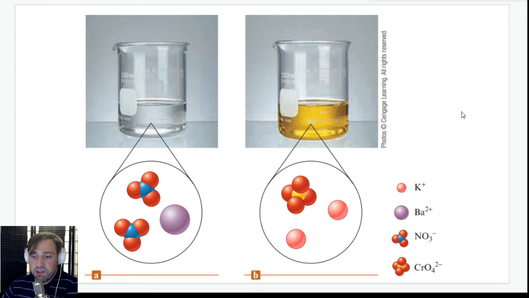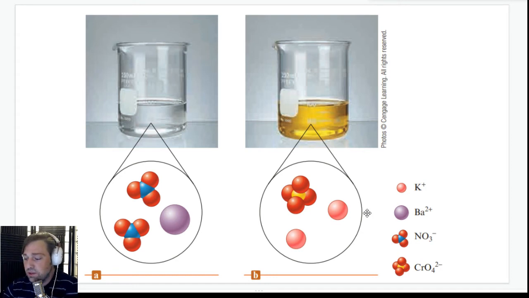Whenever we say K2CrO4, that literally means whenever you draw these, if on an exam I'm asking you to draw these things, make sure you have twice the number of potassiums as you do chromates. Same thing, Ba(NO3)2. There's two nitrates for every one barium. Whenever you draw that, make sure there are twice the number of nitrates as barium.